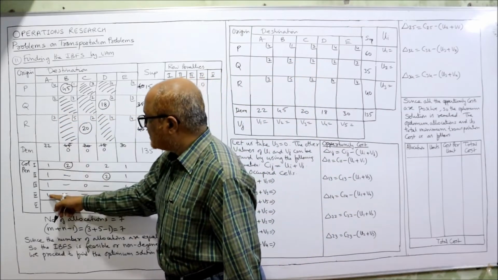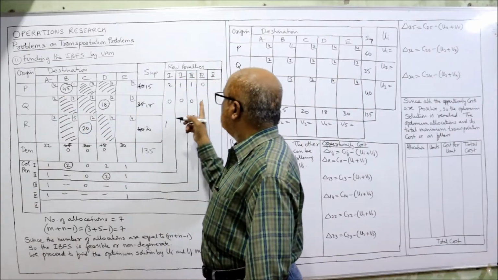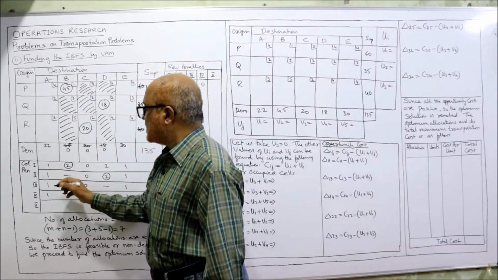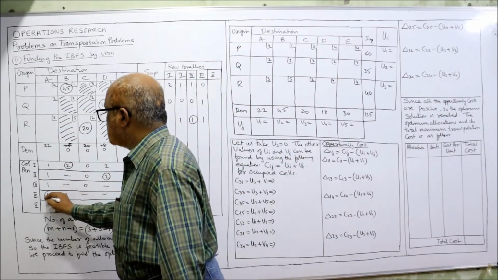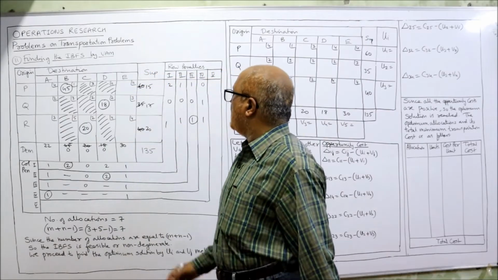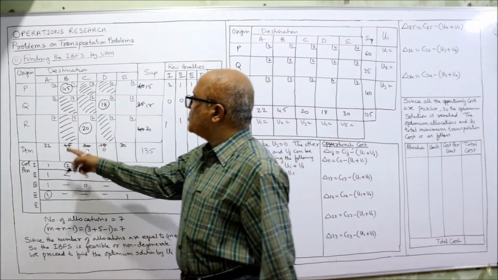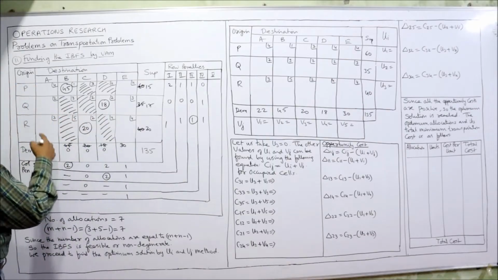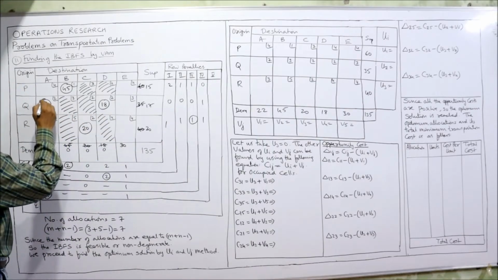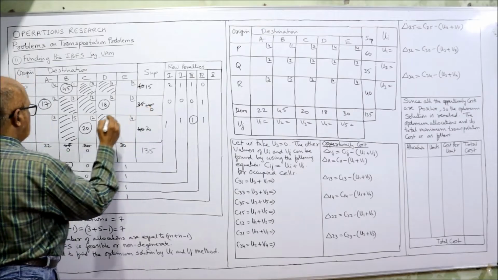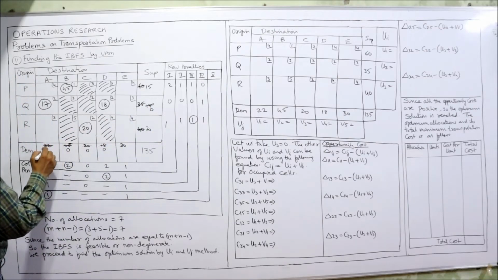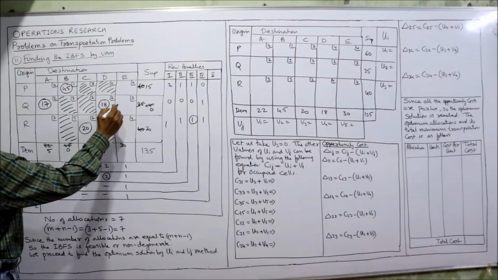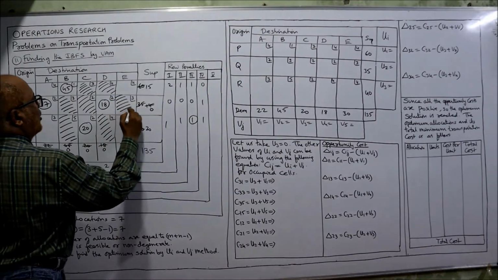So whether we select this one, 2 rupees, or this one also 2 rupees, to select any one, this I am selecting, right? So how much allocations I can give here? Row total 17, column total 22. So 17 allocations I can give. 17 minus 17, 0. 22 minus 17 is 5. So here row is blocked.